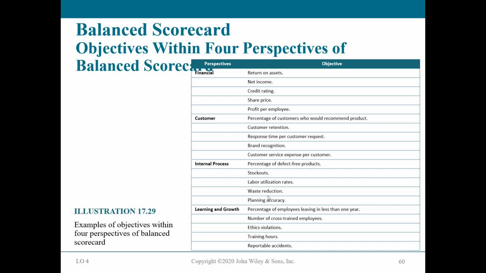Internal process, what's your waste look like? How many defects? How many training hours are there under learning and growth? How many people are leaving in less than a year or staying for more than 20? Things like that. It all gives you an idea of how the company is performing. And then you would set targets typically, or benchmarks where you want to be.